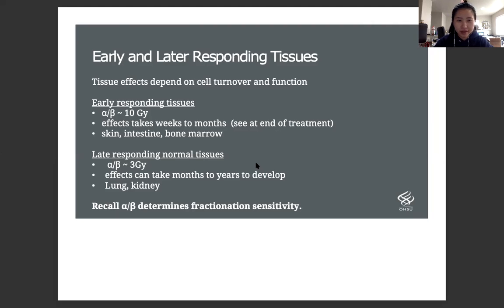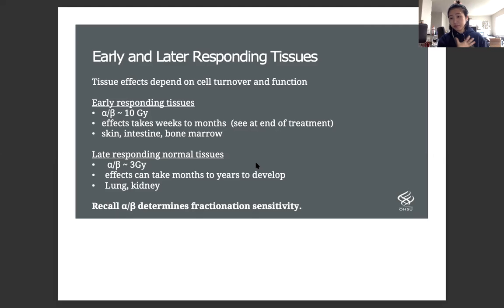So bear with me. Early responding tissue has an alpha over beta, which is the fractionation sensitivity, of around 10 Gy, and its effects take weeks to months. You see this at the end of treatment.